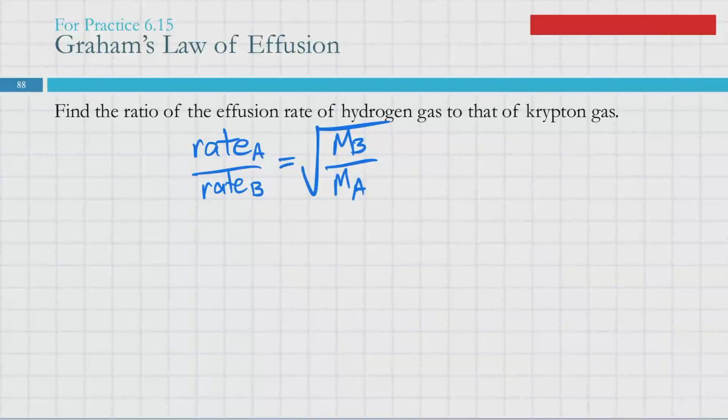Again, the important thing is that when we apply this square root, we're doing it appropriately, getting both of the terms captured. The other thing that we need to be mindful of is what we're identifying as A and what we're identifying as B.